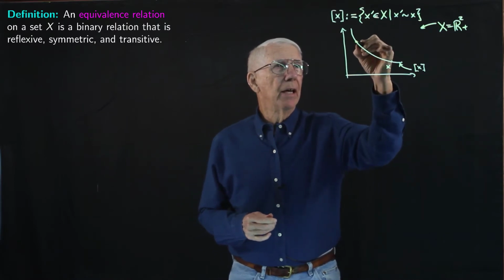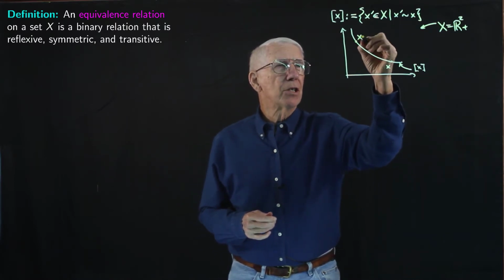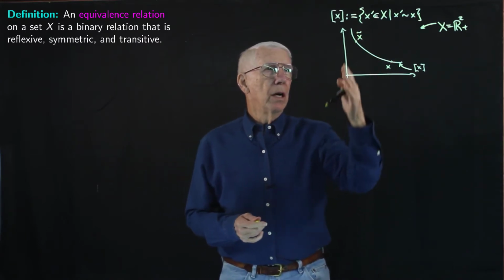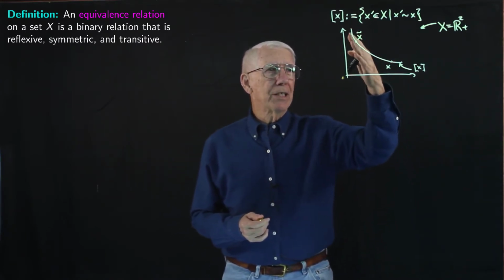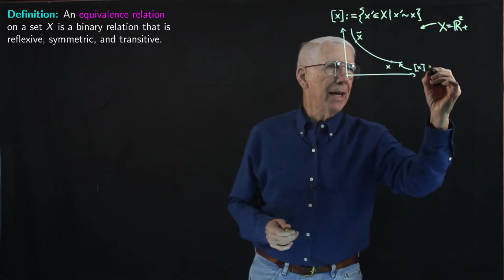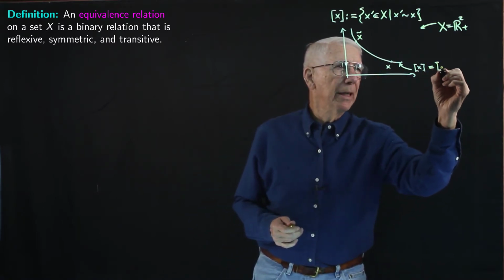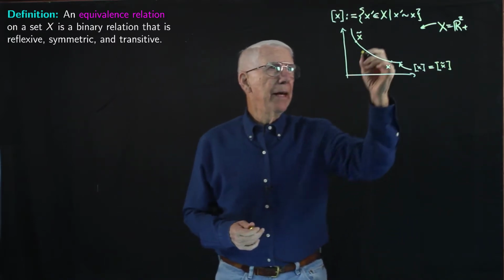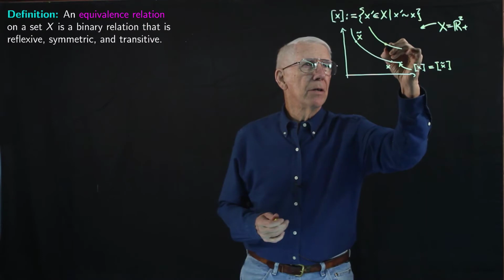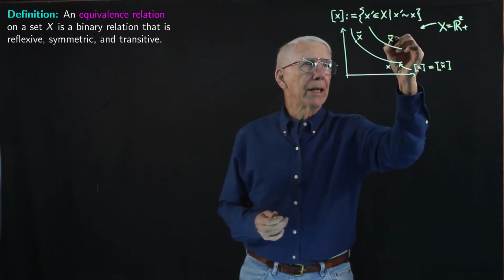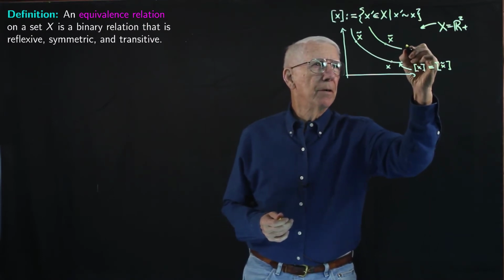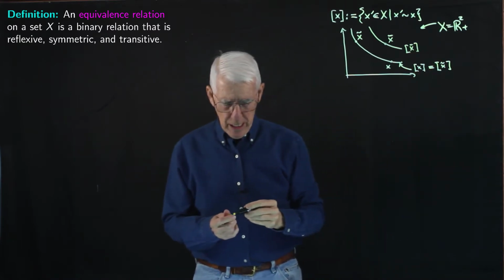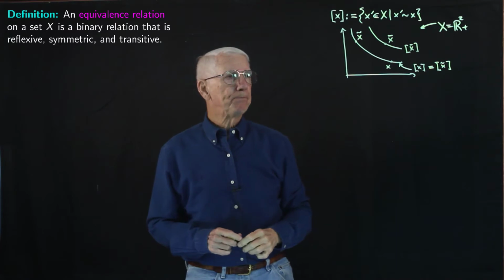Let's take another point over here. Let's call that X tilde. Well, of course, the indifference class of X tilde is the same as the indifference class of X, so it would probably be useful to point that out. And then if we have some other point, call it X bar, this would of course be the equivalence class associated with the point X bar, and so on.